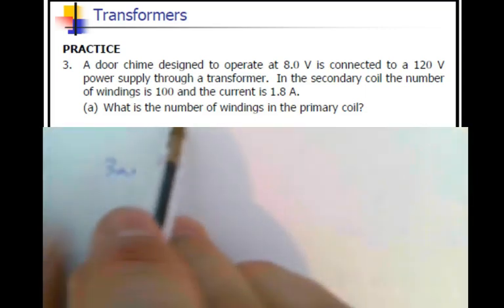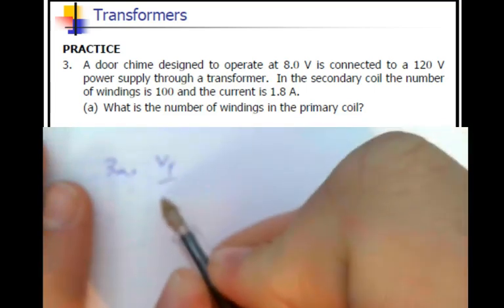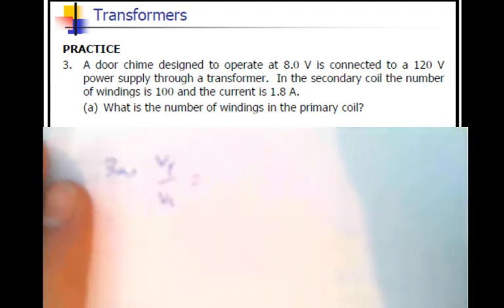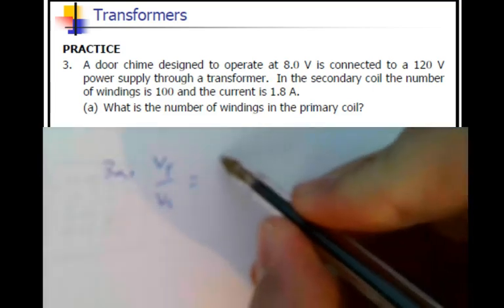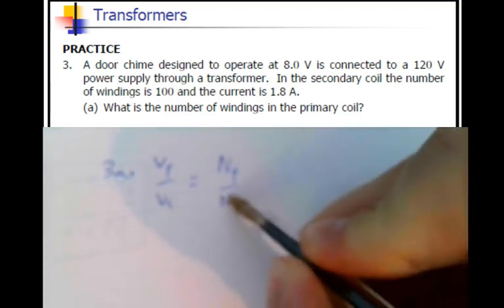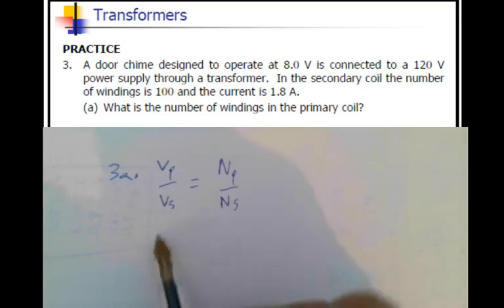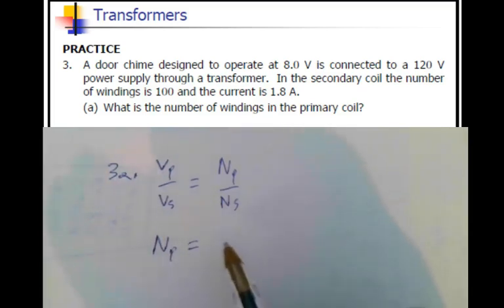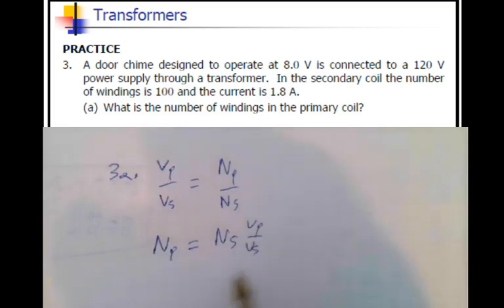First, let's start with our equation, Vp over Vs equals Np over Ns. And we need to solve for the primary coil, so we need to solve for Np.